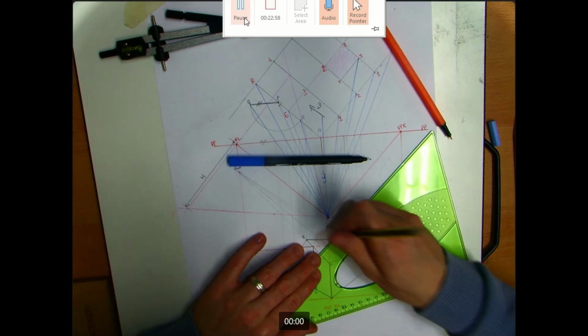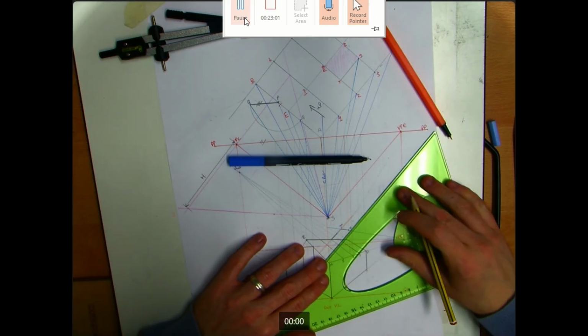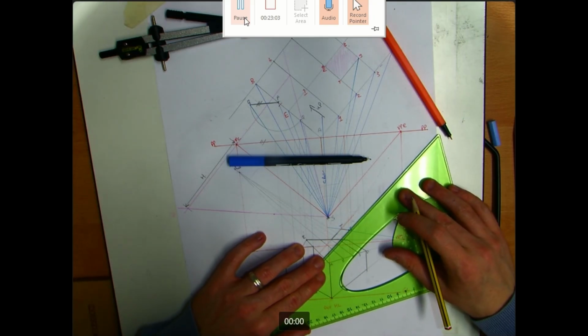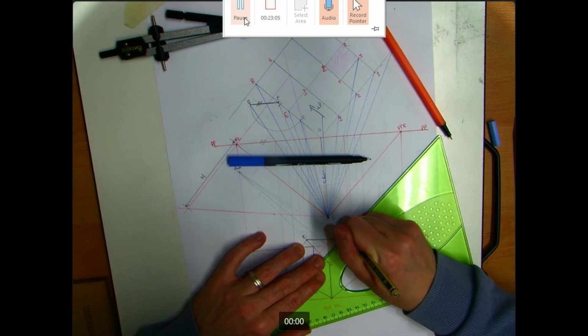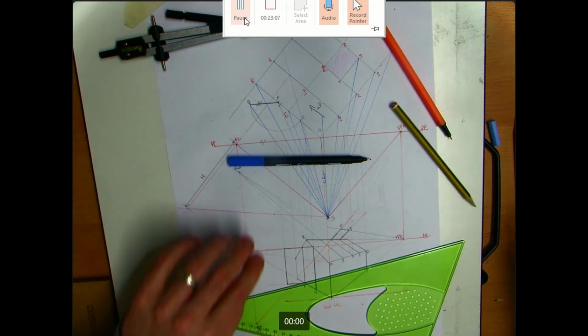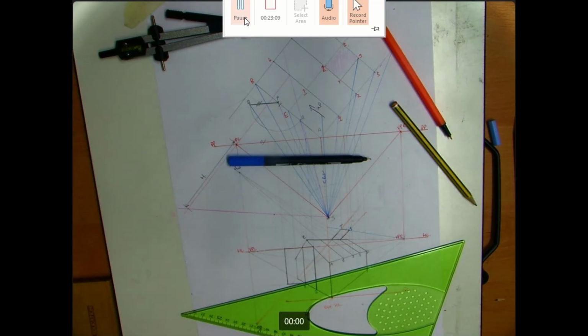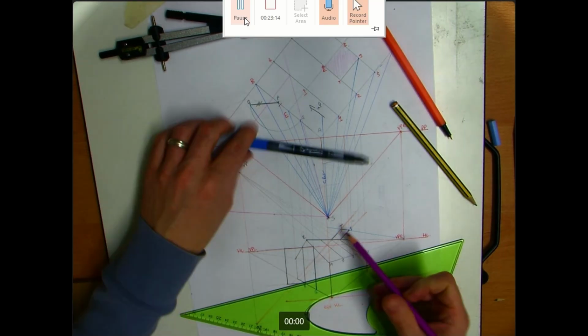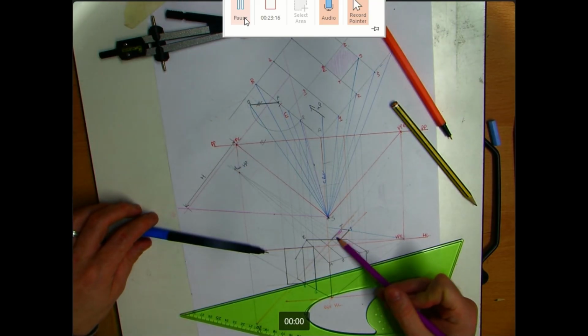There's my window open through an angle of 70 degrees. There's my purple window open.